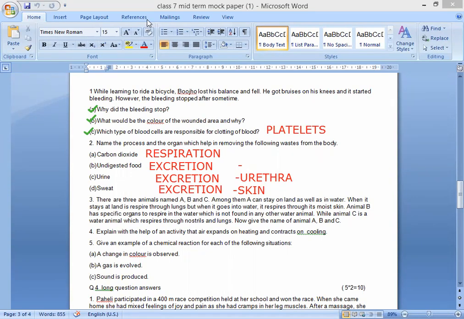Tell me, undigested food, which system is responsible for it? Digestive system. Yes, ma'am. In the digestive system, and which organ is responsible? Anus.